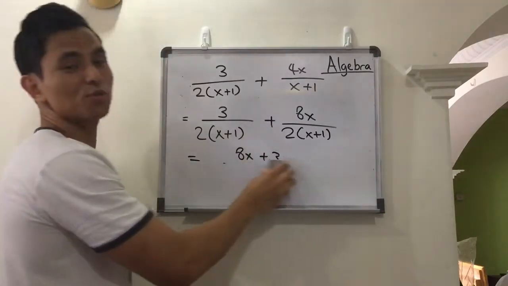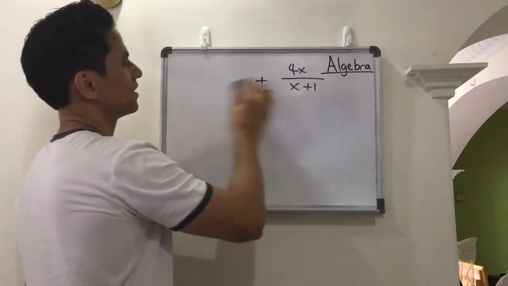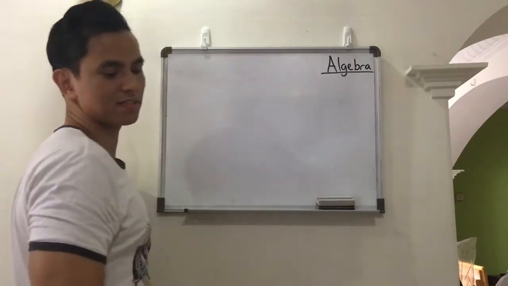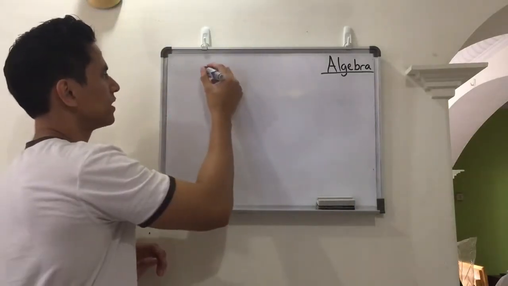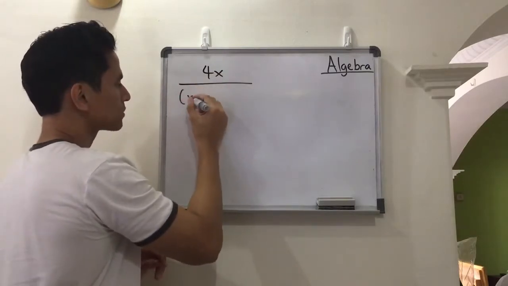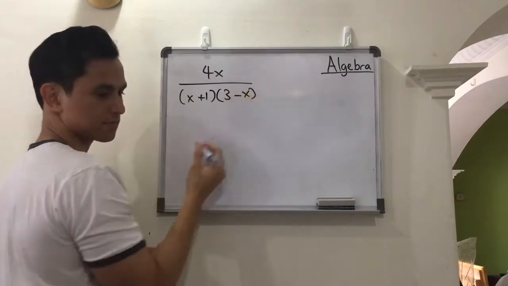Okay, now on to my last example. So my last example, I'm going to make it slightly more challenging. Okay, so say we have 4x over x plus 1 and 3 minus x.